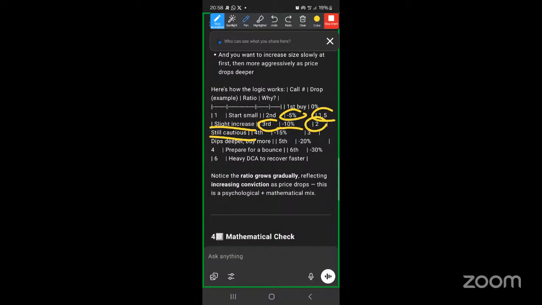Okay, I'm going to prepare for more bounce, heavy at 30%. This is heavy DCA to recover faster. Wow, I like this. So the robot is X. The calculation is we want the last discount, when the market has dropped. Imagine the last position, you put in small money when the discount is big.